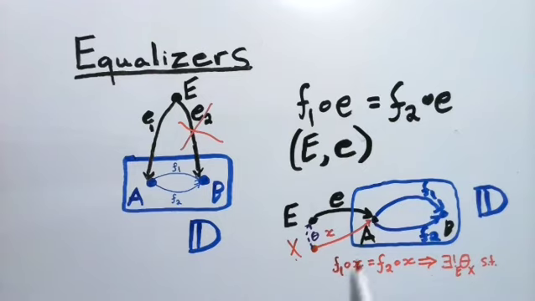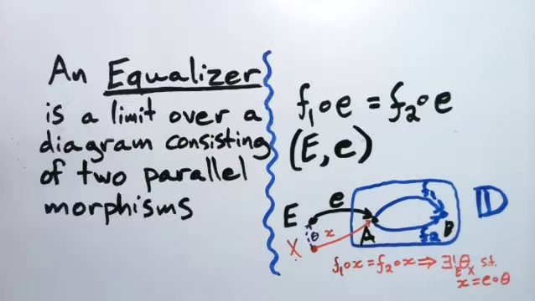That is, we can factor x through E in a certain sense. For any x, we can factor it through E using some sort of cone morphism over this diagram. So that would be, in this case, x is equal to E after theta. So to sum up our discussion, an equalizer is a limit over a diagram consisting of two parallel morphisms.